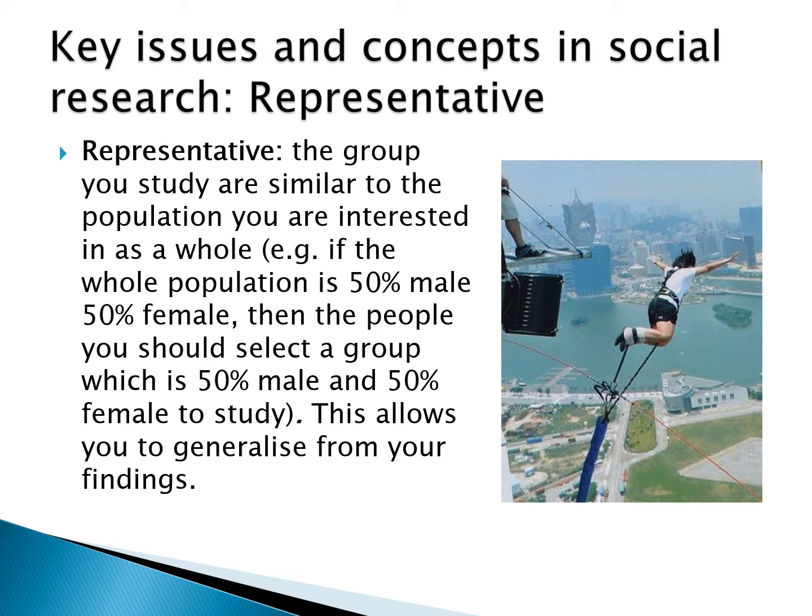However, if you are interested in all of the students at Littleover, then you would need to have a sample that was representative of that, with different age groups, different genders, different ethnicities. So representative refers to how closely your sample represents the population that you are interested in.